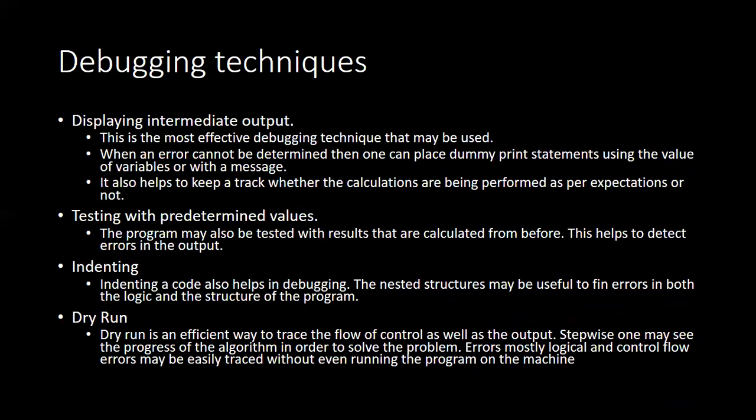In the process of developing the program, we should be testing each and every variable, what kind of values have been stored inside it, so that we can understand how the program is proceeding, and how far we have progressed in finding a solution of a program. So for that purpose, debugging is very important. It keeps track of information on whether the calculations are being done as expected or not.